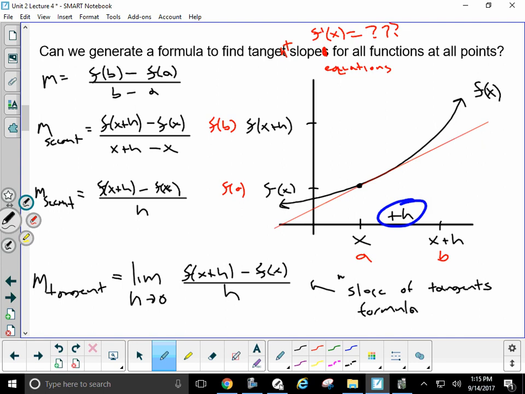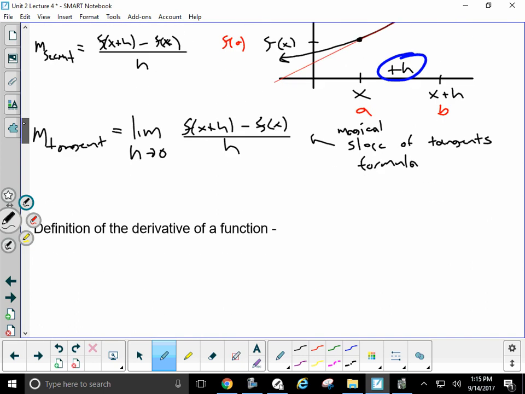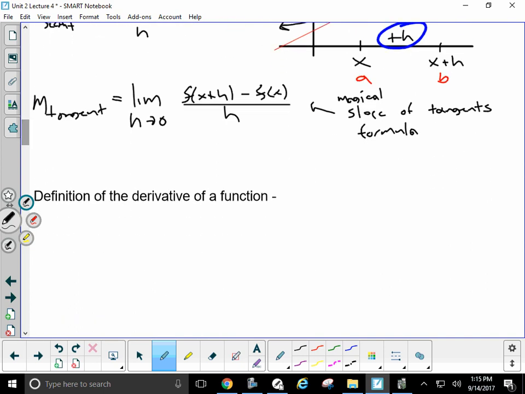I'm going to call this a magical slope of tangents formula, because if I plug any function into that formula, I will be able to find tangent slopes to that function at any location. We actually call this the definition of a derivative. If you want to find these great tangent slope generating functions, these f prime of x's, we will just use this formula.